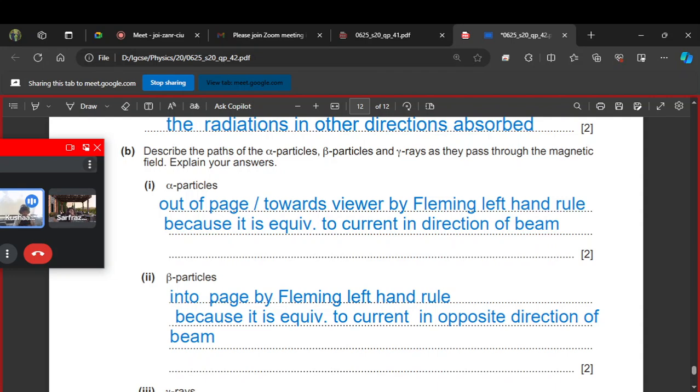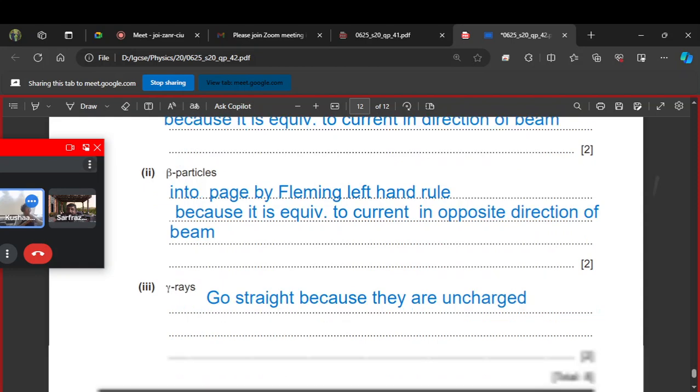Alpha particles have a proton, they go to one side, and beta have the charge of an electron. What is the charge on gamma? Gamma is neutral. Gamma has no charge. Alpha is positive, beta is negative, and gamma is neutral. So it will go straight, because they are uncharged.